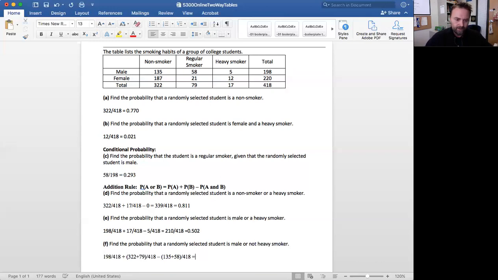Okay, and now I'm just going to work out my calculations here. So what am I doing? I'm doing 198 plus 322 plus 79. And I gotta subtract 135 and subtract 58. I should be wearing my glasses. Okay, so that is 406 over the 418.